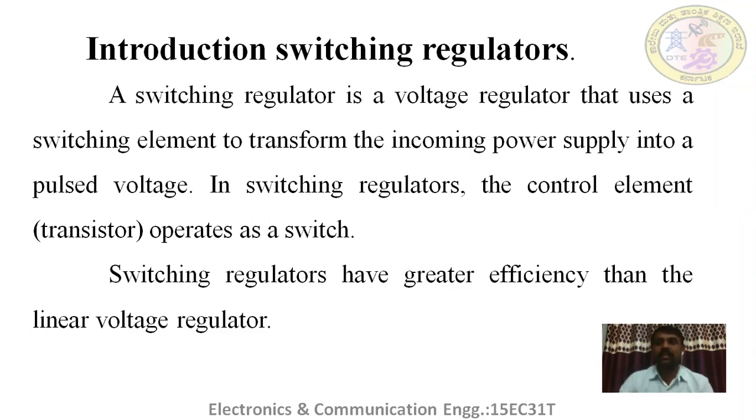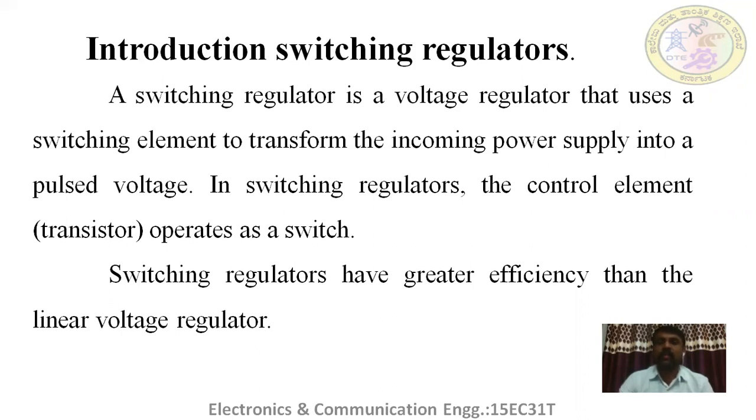That pass transistor is continuously connected in the circuit, that is, it always operates in the linear region. Therefore, there is heat dissipation, and this heat dissipation causes more power loss and reduces efficiency. That's why in a linear voltage regulator, the efficiency is only in the range of 50 to 60%.